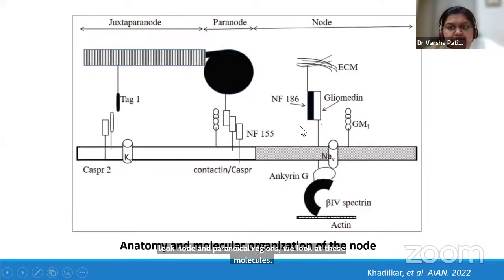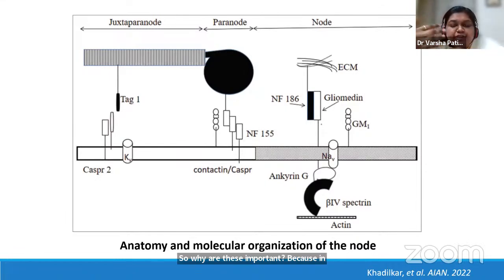So why are these important? Because antibodies against different components give you a different kind of phenotypic expression. So here we have your juxtaparanode, node and paranode. Just remember these 2-3 names because they'll keep cropping up in the slides. When you're talking about the nodal things, basically this is neurofascin. Neurofascins are proteins which are there for the stabilization of your nerve membrane, which is attached to your glial membrane.